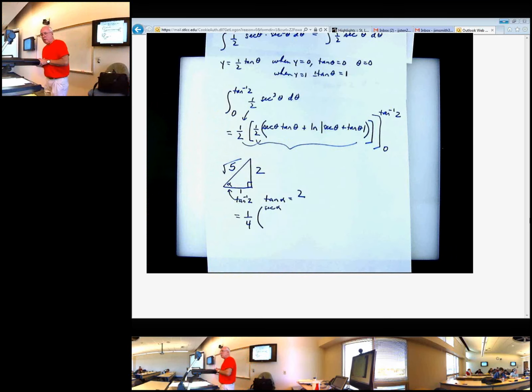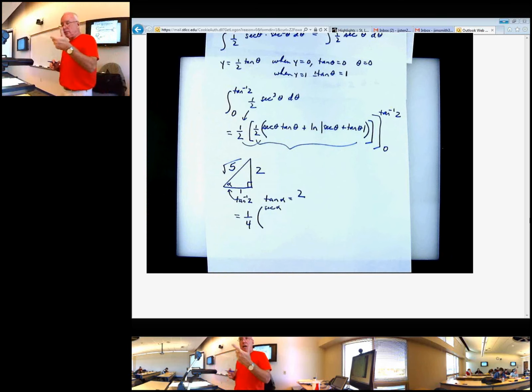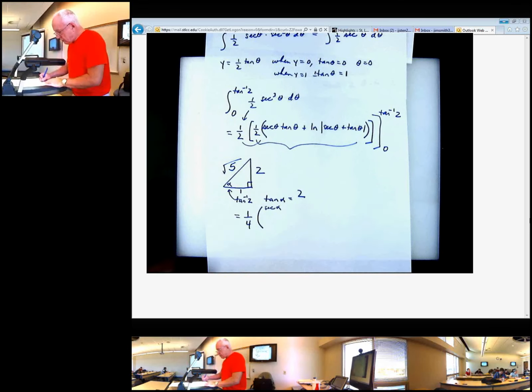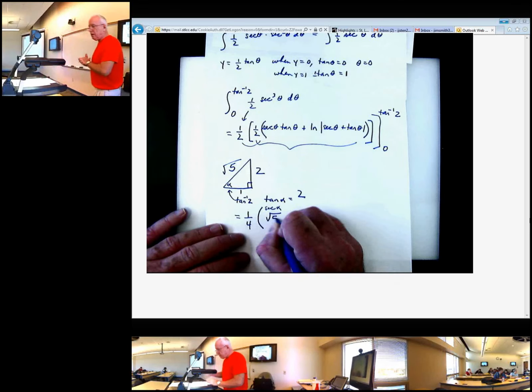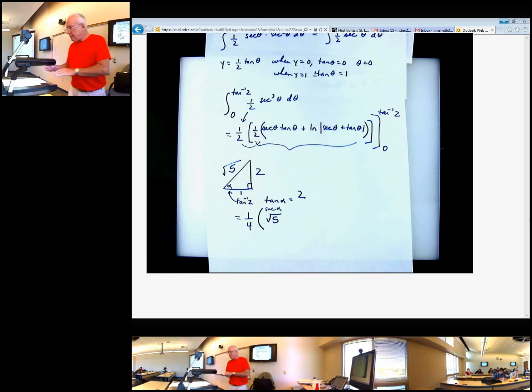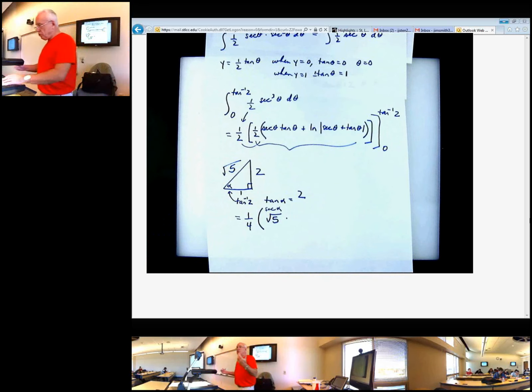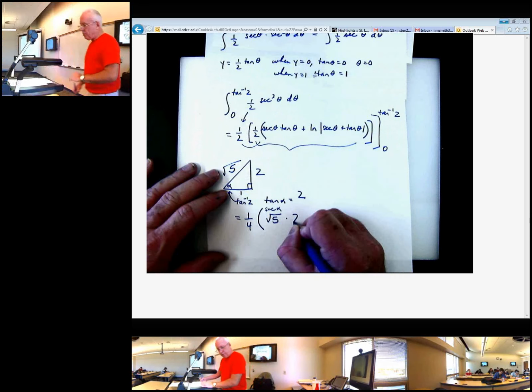What's that going to be? Square root of 5, right? It's the reciprocal of the cosine. So for the secant of that tan inverse of 2, I'm going to put the square root of 5, and then I multiply it by the tangent. Well, the tangent is just going to be 2 over 1, or 2.